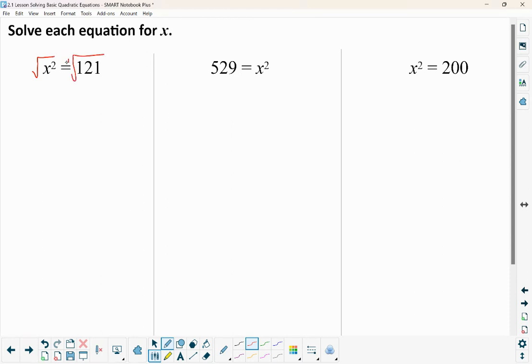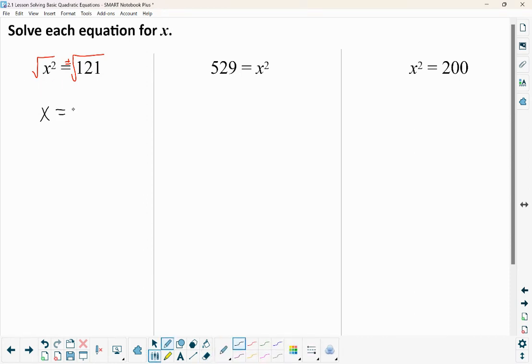And when we do that, we're going to put a plus minus symbol on that numeric side. So on this side of the equation, we have the square root of x squared, which gives us just an x, because the power of 2 and the root undo each other. And we chose to use the square root to get that to happen.